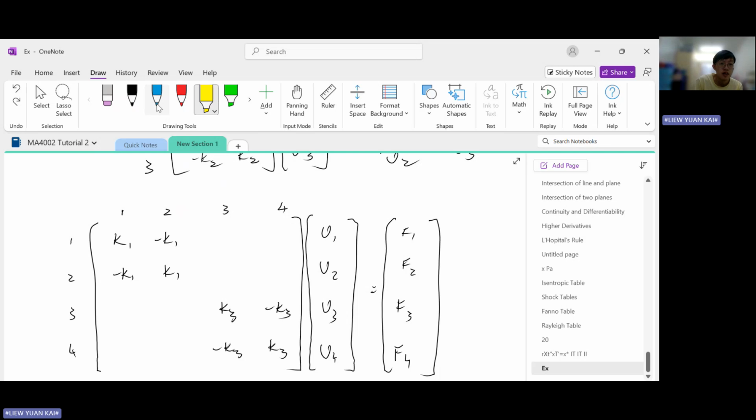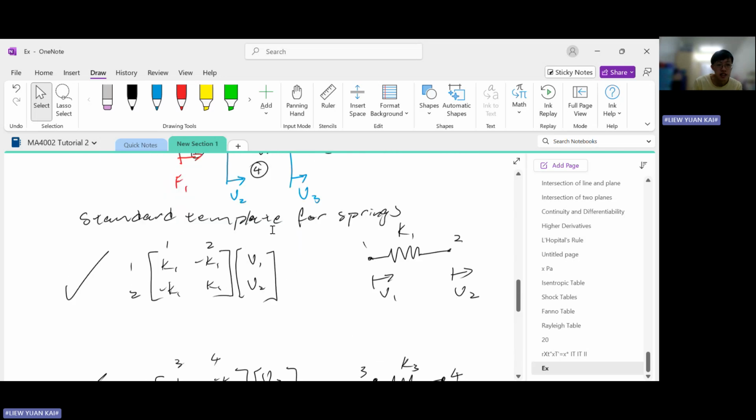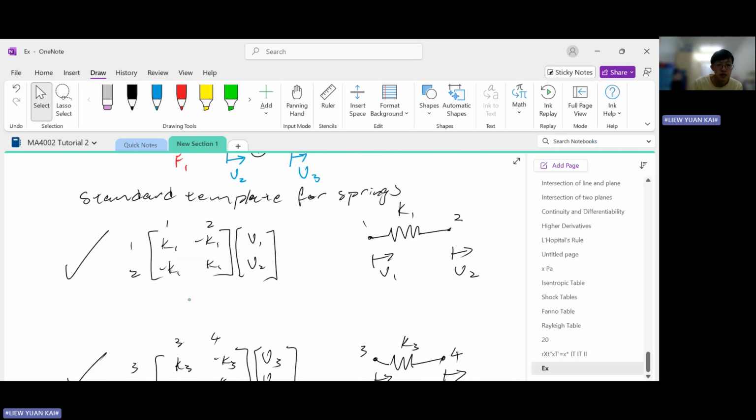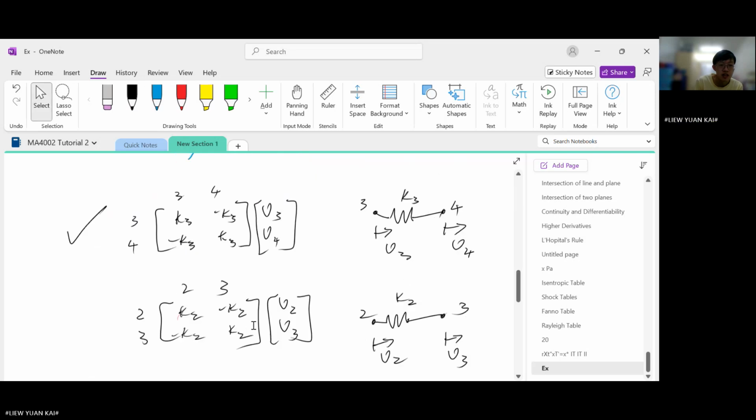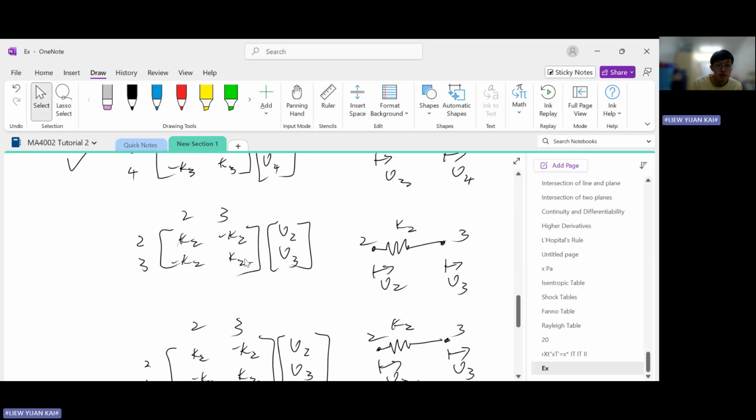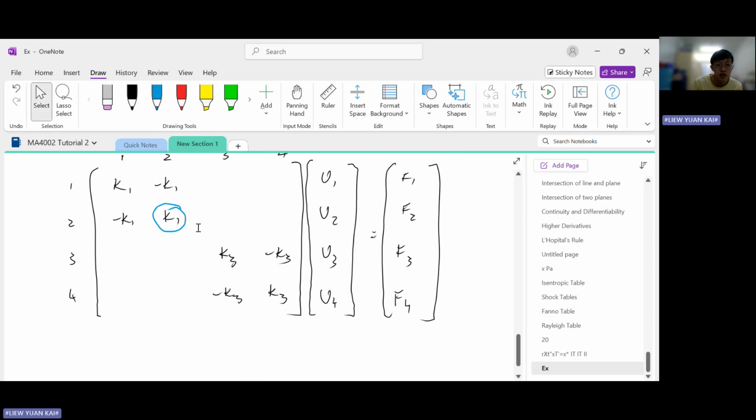Okay, but we have a problem, right? See, row 2 column 2 already has an entry, right? And that comes from this entry here. But the third element matrix tells us that we need to also substitute row 2 column 2 with K2. So whenever you already have a filled entry in your global stiffness matrix, what you need to do is simply add that term.